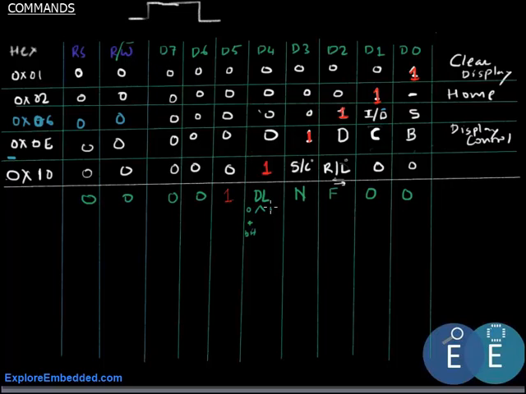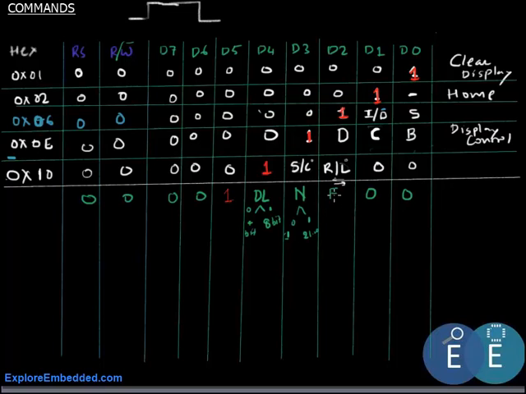If it is 1, it would be in 8-bit mode. Now when N is 0, it would be a 1 line display. So for a 16 cross 1, this bit would be 0, and if it is 1, it would be a 2 line display.